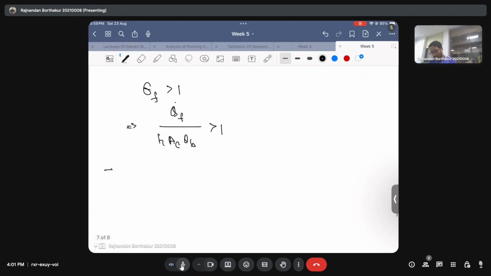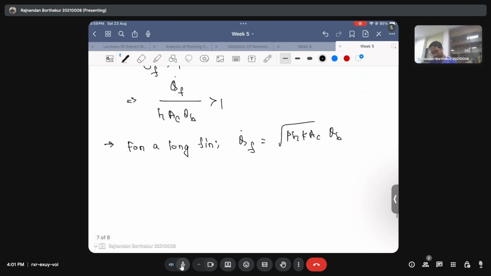And let's say I consider a long fin. For a long fin, I already know that q dot f is equal to the square root of P h k Ac times theta b, which means if I substitute this here, you'll just get a relation.